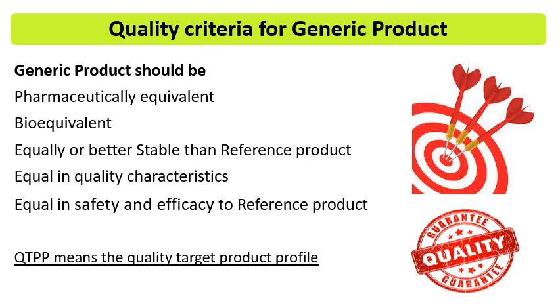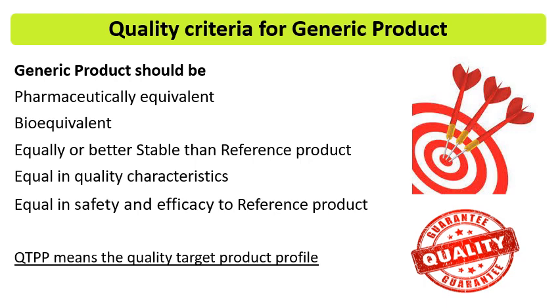Then it should be bioequivalent. It should be equally or better stable than the reference product, that means similar expiry period or shelf life, and equal in quality characteristics. The generic product should not be inferior to the reference product, and should be equal in safety and efficacy. So this is the requirement for the generic product to get approved.